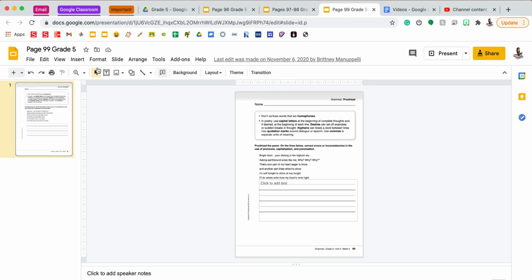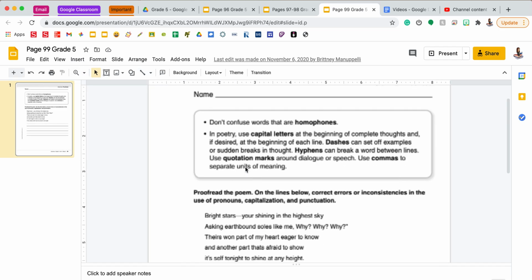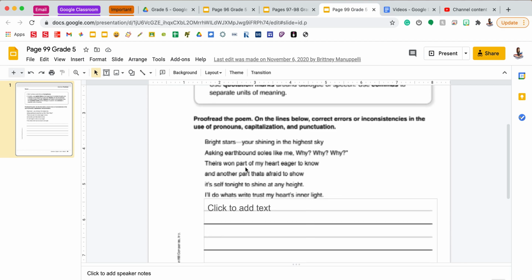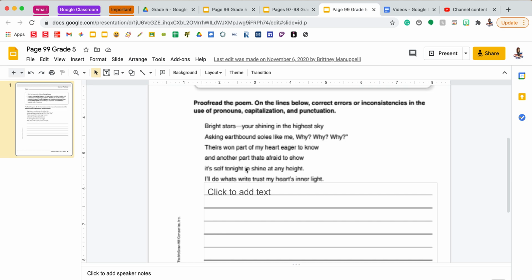Your last page is your proofreading page, page 99. The box at the top goes over directions and rules from the previous pages. The directions on this page state to proofread the poem. On the lines below, correct errors or inconsistencies in the use of pronouns, capitalization, and punctuation.